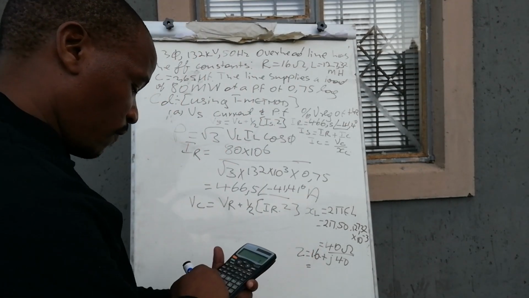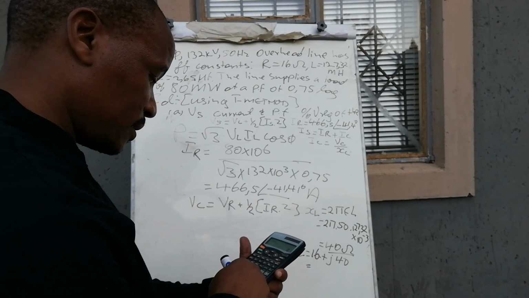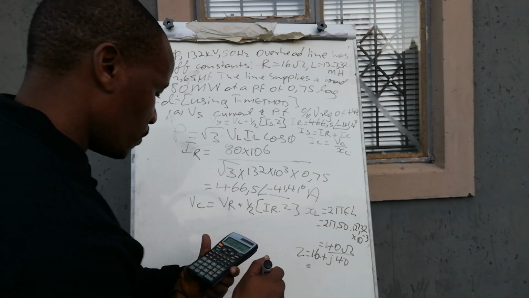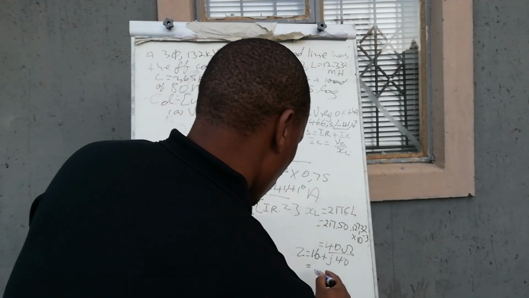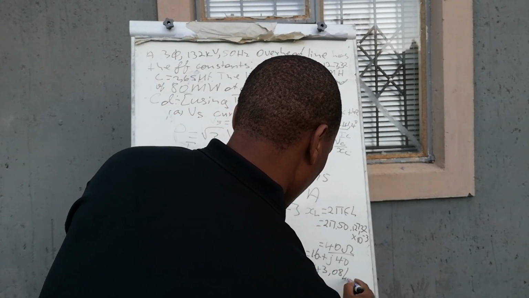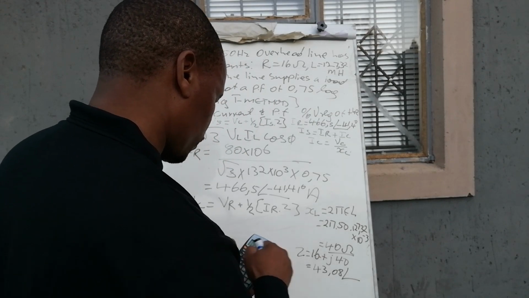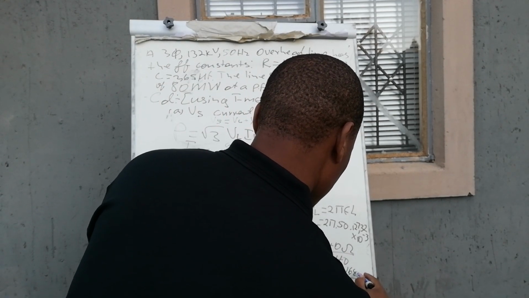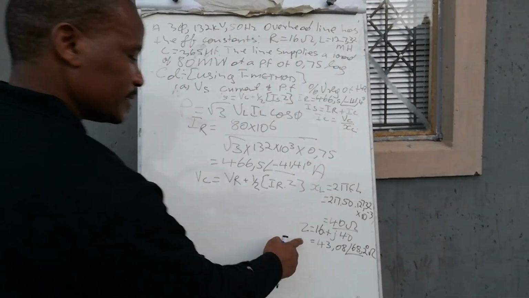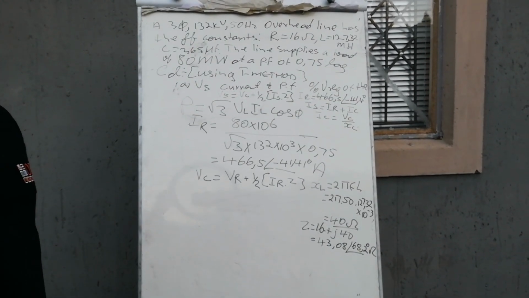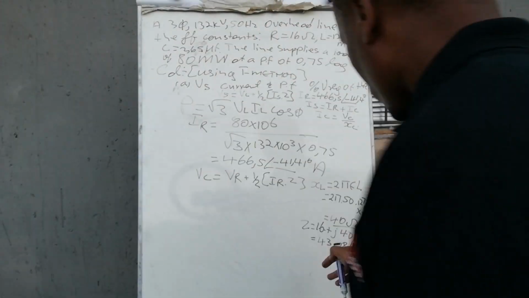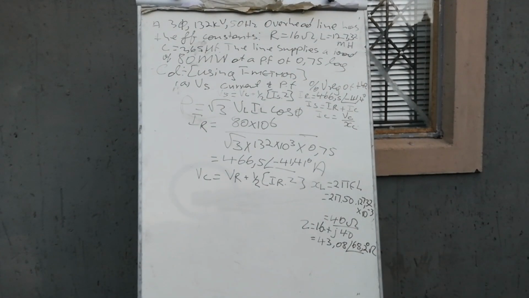So you've got 16 plus j40, which equals 43.08 angle of 68.2 degrees ohms. Sorry, this is the impedance of the line.